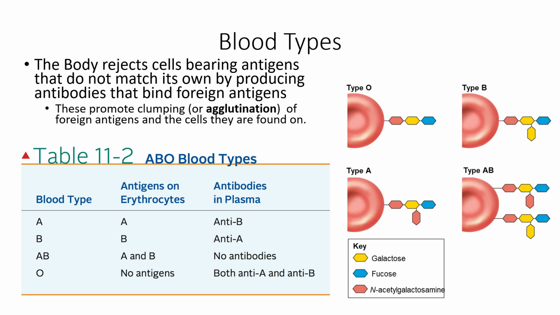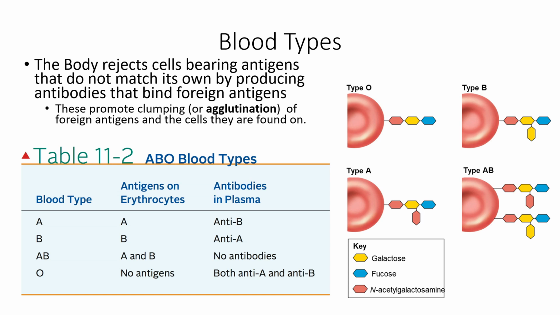A person with blood type B will have the B antigen on their erythrocytes and possibly have anti-A antibodies in their plasma.